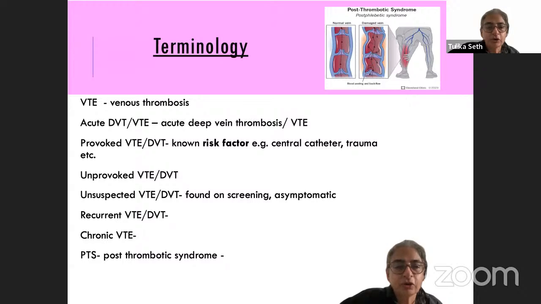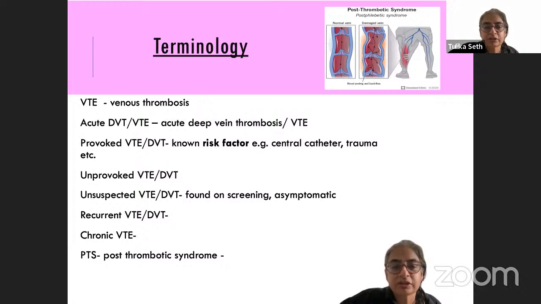So a little bit on terminology. When we say VTE, we're talking about venous thrombosis or venous thromboembolic phenomena. DVT is acute deep vein thrombosis. When we talk about a provoked venous thromboembolic phenomena or DVT, that is when we have a known risk factor. So a provoked DVT could be due to a central line, due to trauma, due to surgery. When it's unprovoked, that means that we don't have any known underlying intervention.